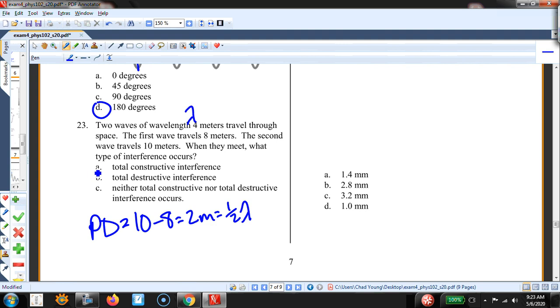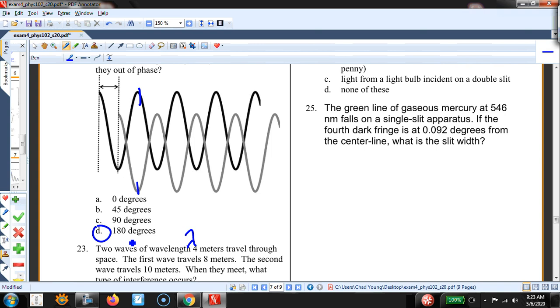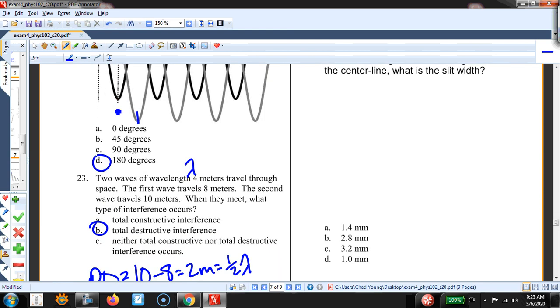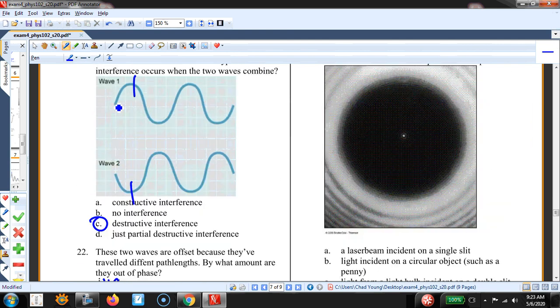So when I'm offset by a half a wavelength, that's when I get total destructive interference. Look, these guys right here, they're offset by a half a wavelength too. So this is a half wavelength at 180 degrees out of phase, and so I get total destructive interference.